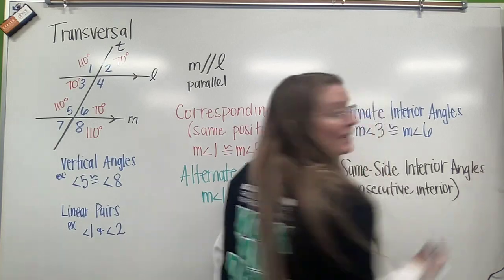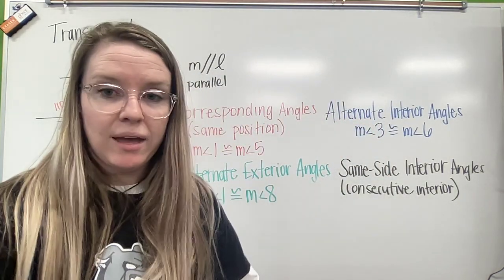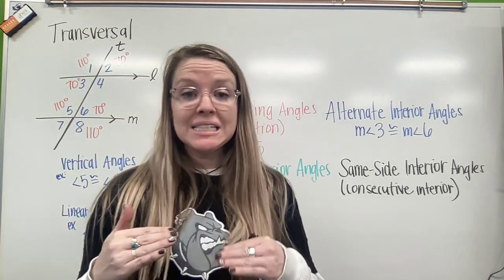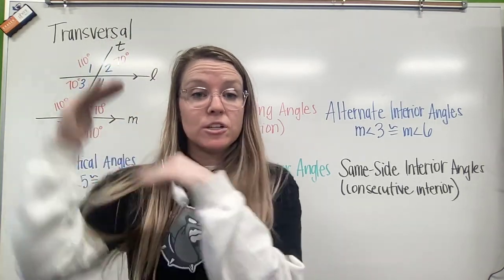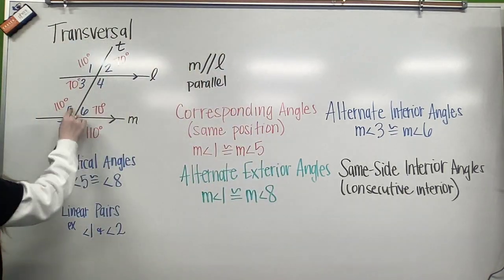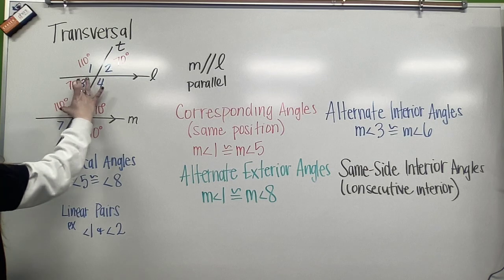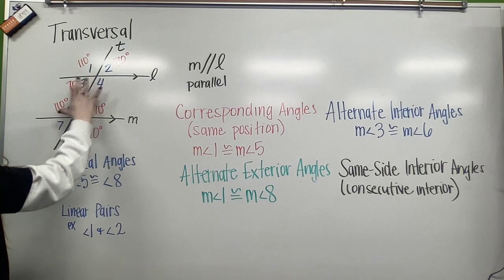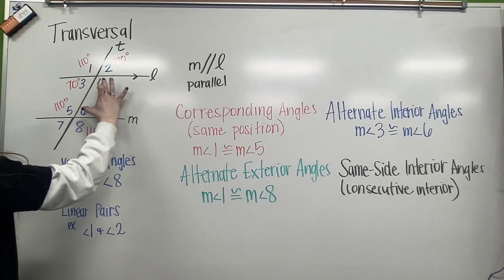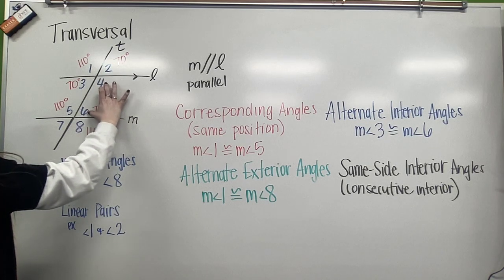So as long as we recognize the name, we should be okay. Same side interior or consecutive interior. What that means is they're on the same side of the transversal inside the parallel lines. So 3 and 5 are same side interior angles. 4 and 6 are same side interior angles.